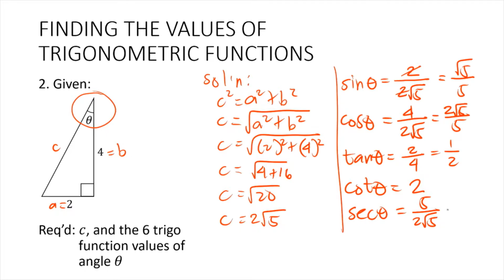Then just rationalize, we get square root of 5 over 2. Okay, again, this is the result of rationalization. All right. Lastly, we have cosecant. Cosecant is the reciprocal of the sine function. So we have here for the sine function 5 over square root of 5. And rationalizing, we get square root of 5. All right.